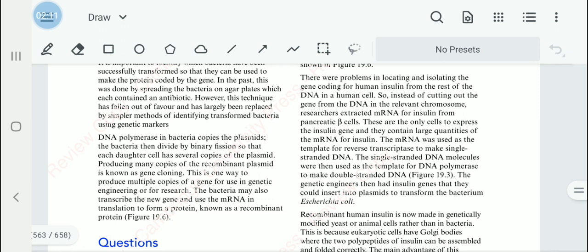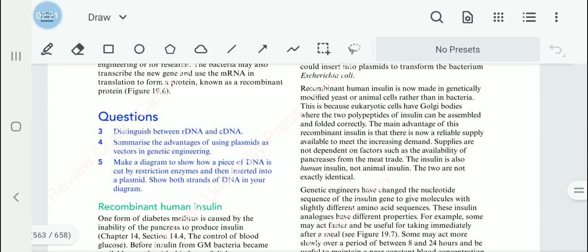This would be inserted into the plasmids that would transform the bacterium Escherichia coli, or E. coli. Then the recombinant human insulin would be used in yeast or animal cells to produce the human insulin that is required.